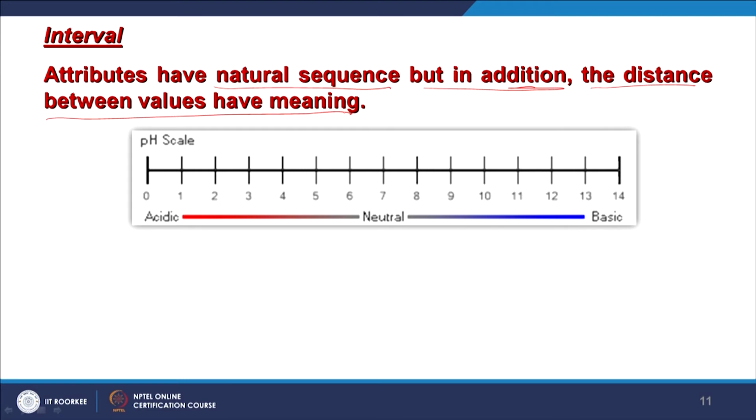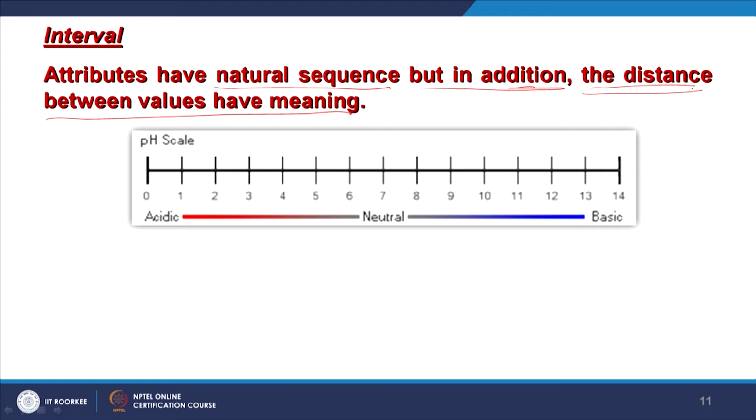If I talk about ordinal, then with class 1 of soil and class 2 of soil, the distance between these two does not have any meaning. But here, with 5 degrees centigrade, or 5 pH and 6 pH, 6 pH and 7 pH, the distance has meaning. So in addition to the natural sequence, it also has a distance, and that has meaning.